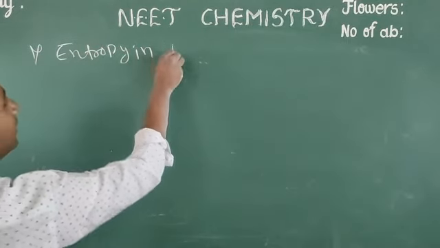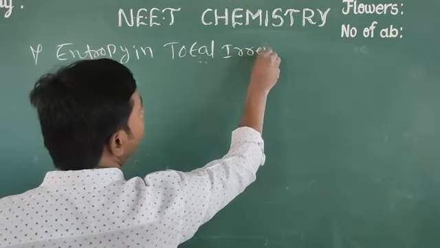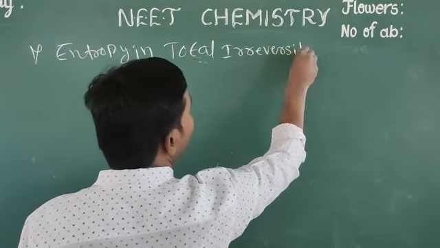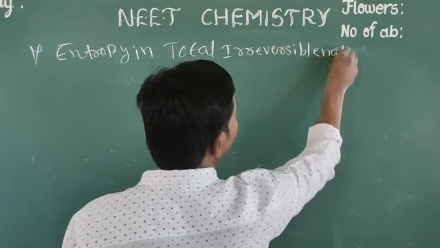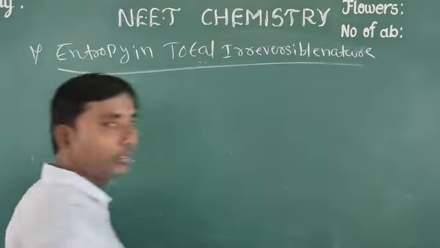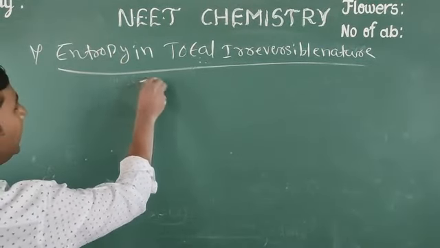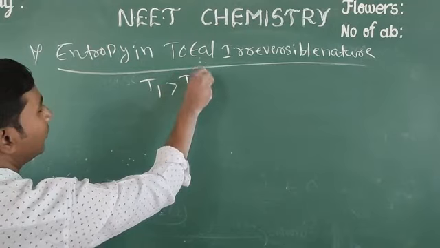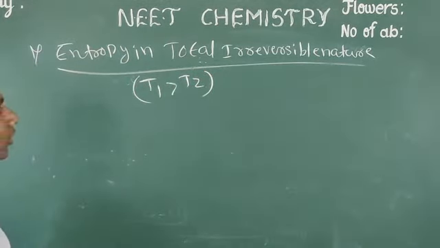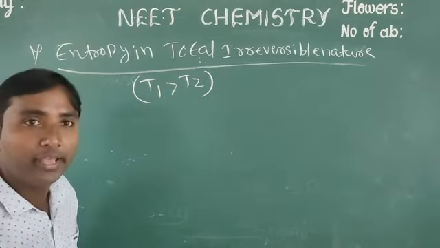Next one: entropy in total irreversible nature. Here T1 is greater than T2, that means the first temperature is more than the second temperature.